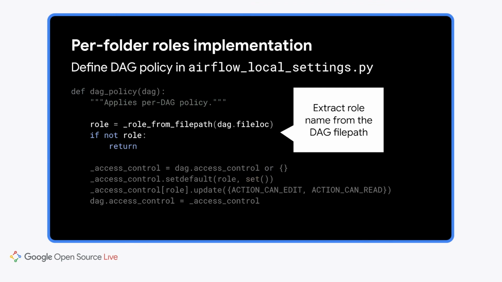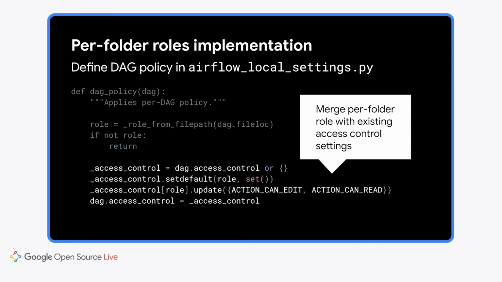I didn't include the implementation of the role from file path function in this slide, but you can imagine it's pretty simple. Then it merges the new per folder role and permissions to this DAG with the additional DAG access control settings specified by the user in code, if any, because they are completely optional now, thanks to this automation. This way, both become effective, and that's it.